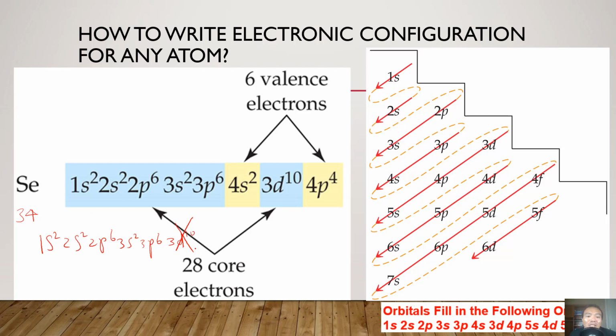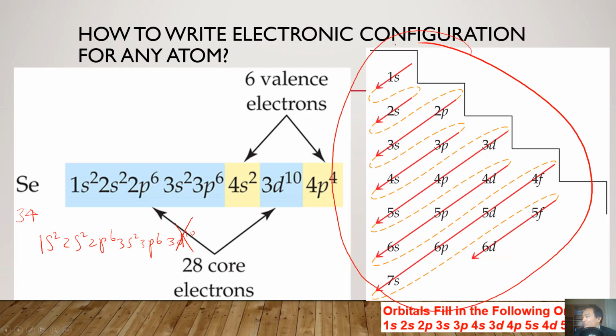Okay, so we have one way to help you decide which one goes first. So if you write the orbitals, like what you did, on the right side, basically, you write for shell number 1, you have 1s inside.